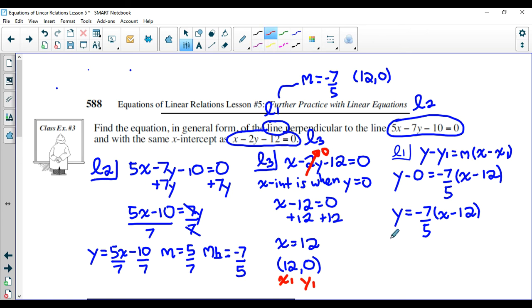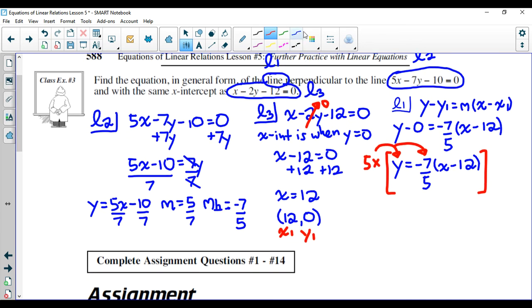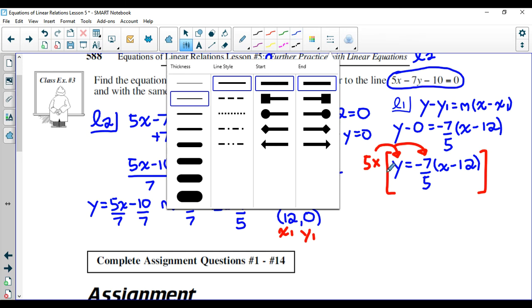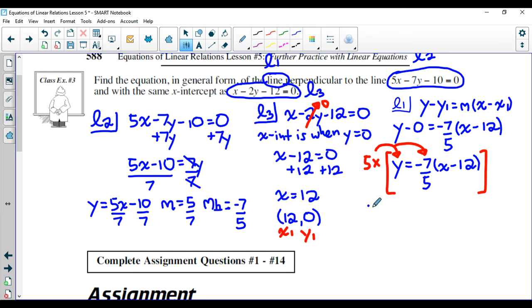Now, to get it into the general form, we don't want fractions, so we've got to get rid of that fraction. Again, what we'll do is put the entire equation in its own set of brackets. To get rid of the fraction, we're going to multiply by the lowest common denominator. Because you only have one fraction, the lowest common denominator will be the value of that denominator, so that is 5. We're going to multiply each term on each side by 5.